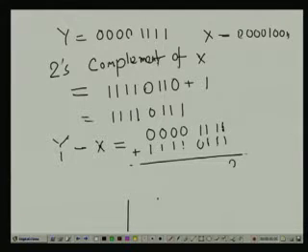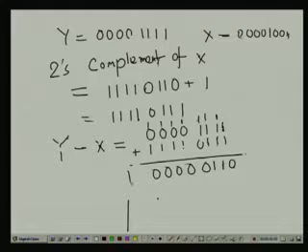So, 1 plus 1 is 0, carry 1, 1 plus 1 plus carry is 1, carry 1, 1 plus 1 is 0, carry 1, then 1 plus 1 is 0, carry 1, 0, carry 1, 0, carry 1, 0, carry 1, overflow, and this is neglected or discarded.